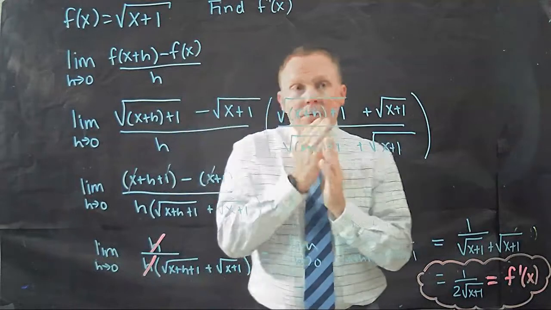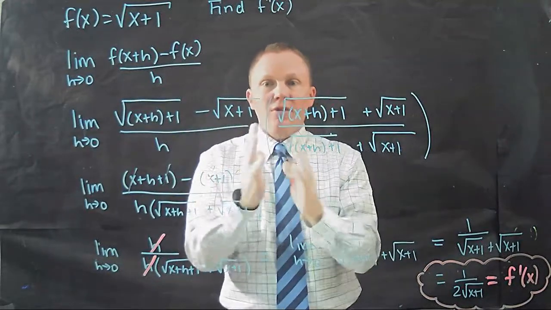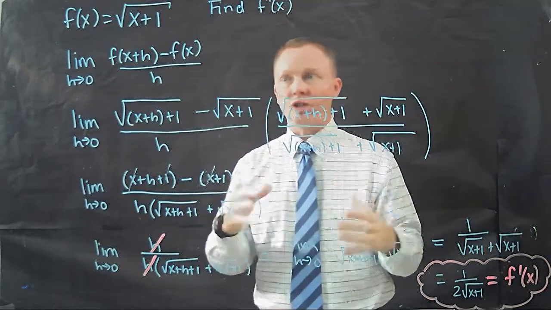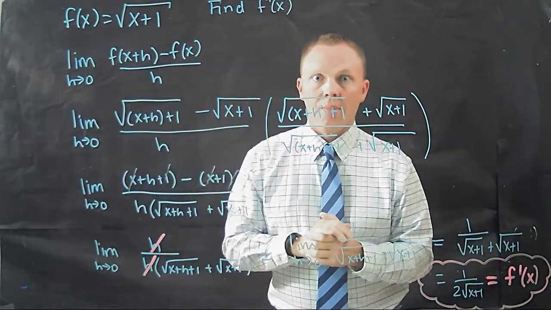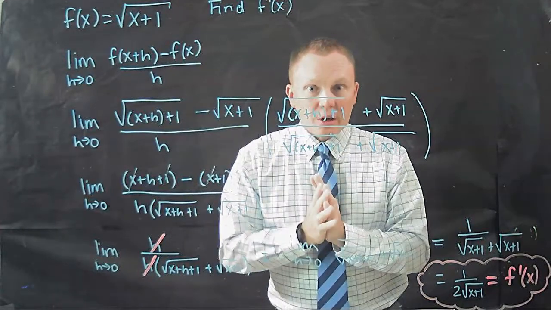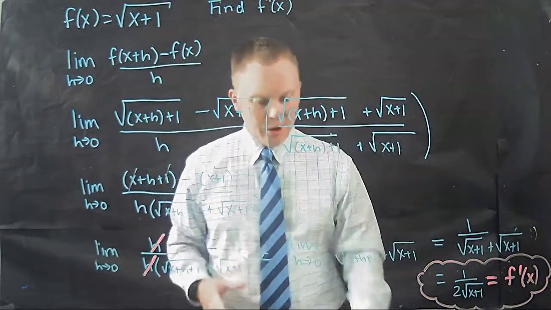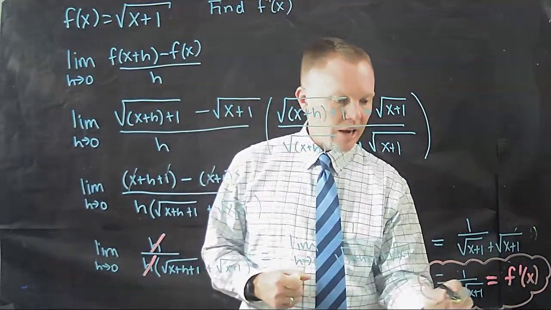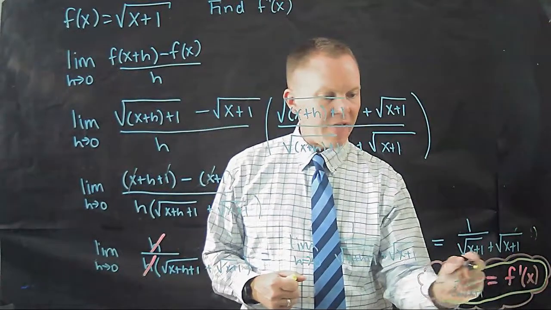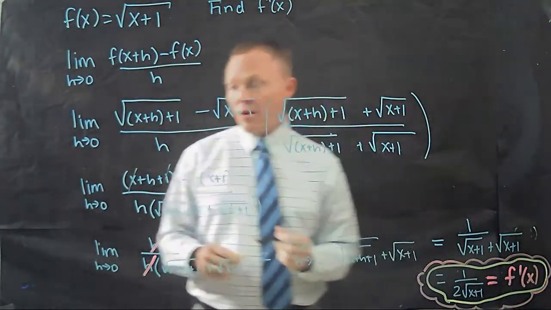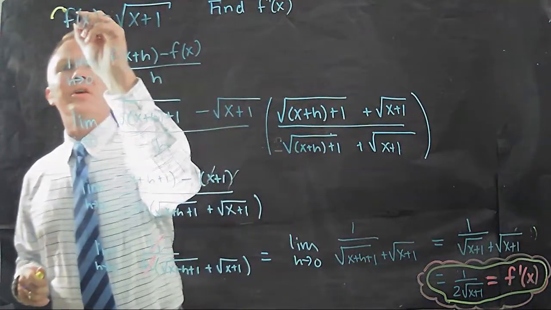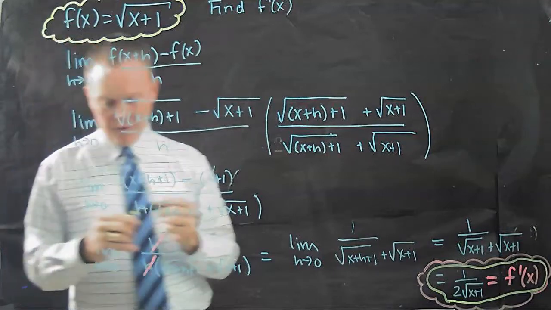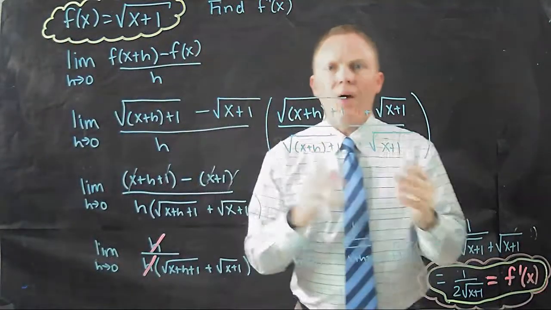So what we've done today is I've shown you 2 examples of how to find the derivative function using the limit definition. The next video after this, we're going to spend some time looking at how the graph of this derivative function and the graph of that original function are related.